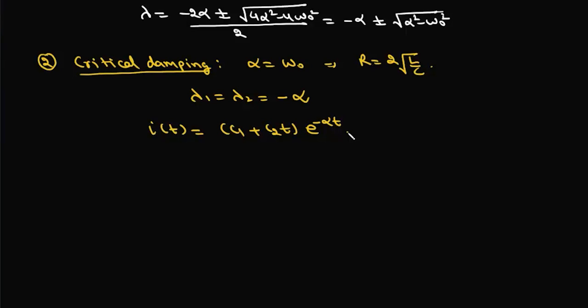And we have already discussed the initial conditions. That is, when t is 0 positive, i is 0, and L di by dt will be equal to V naught. We should be able to find the value of C1 and C2. And then we'll have our third and practically most important case, which is the case of underdamping.